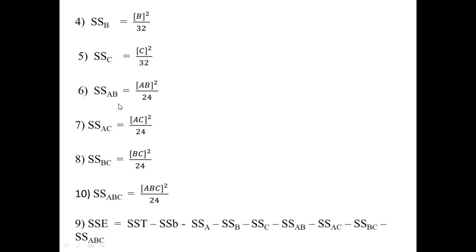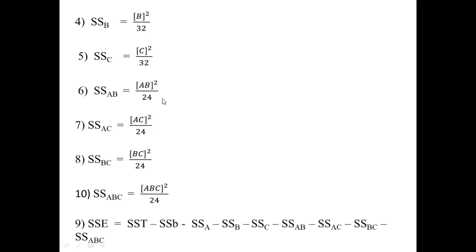Now when we confound any effect in a particular replicate, then when we find the factorial effect total for that particular interaction effect, we consider only the observations from the remaining replicates where that particular interaction effect is not confounded. So that's why here we lose 8 observations.